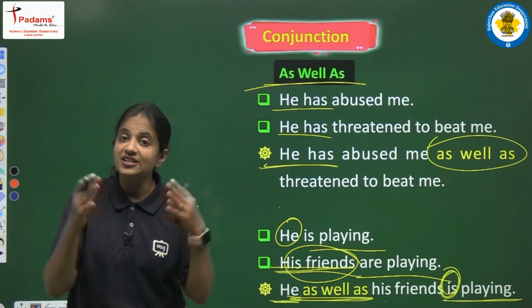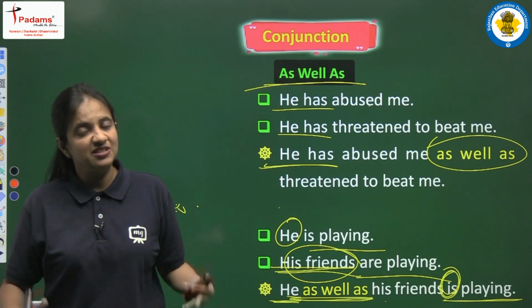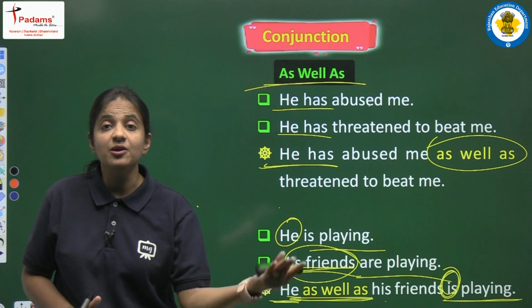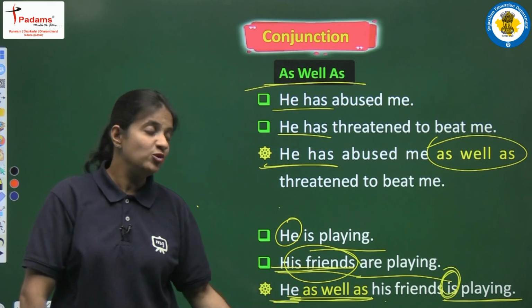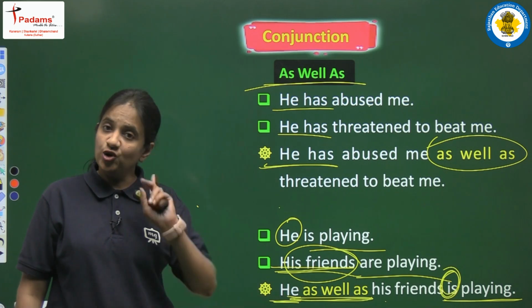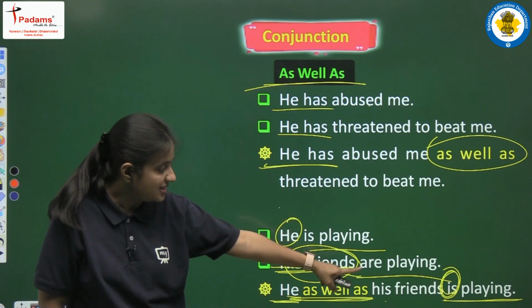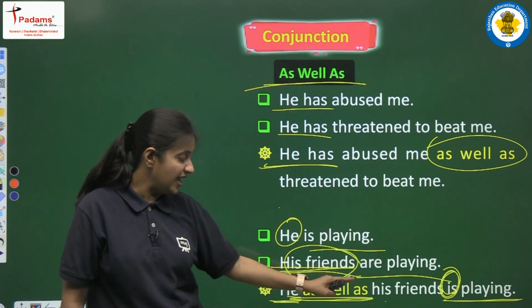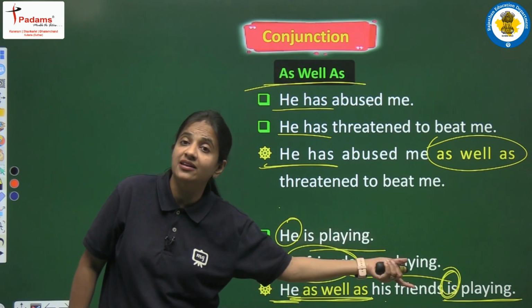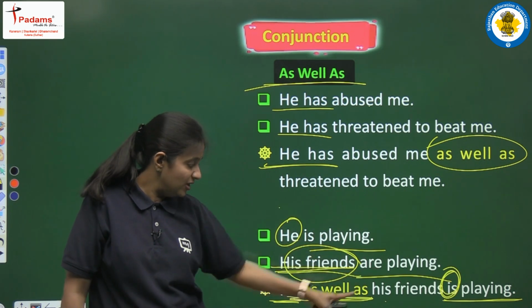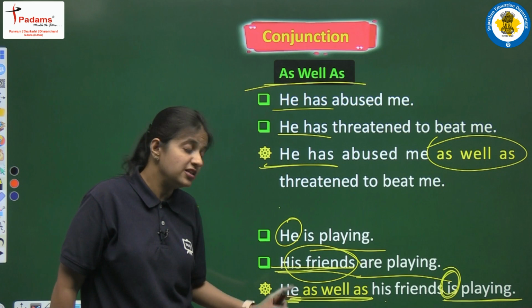If we are combining subjects using as well as, then we use the helping verb of the first subject. I hope it is clear. So because of this, we write he as well as his friends is playing. We are using the helping verb that belongs to the first subject.